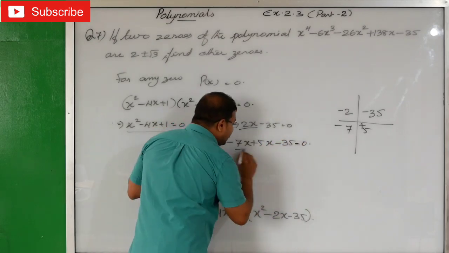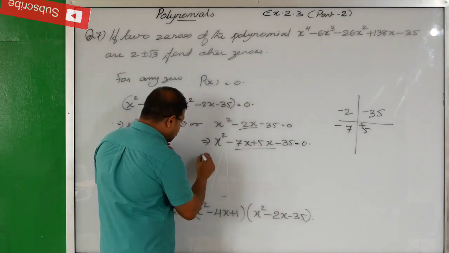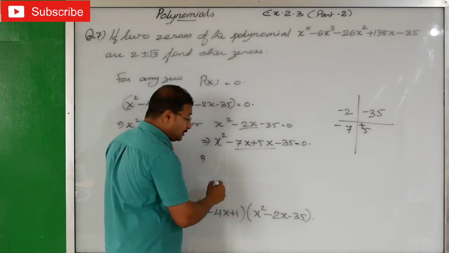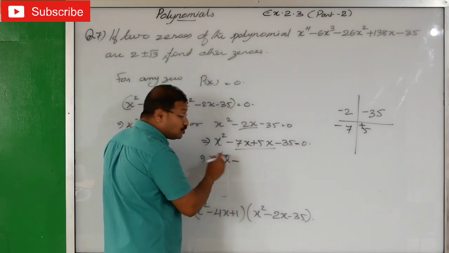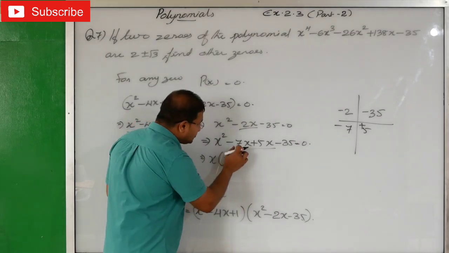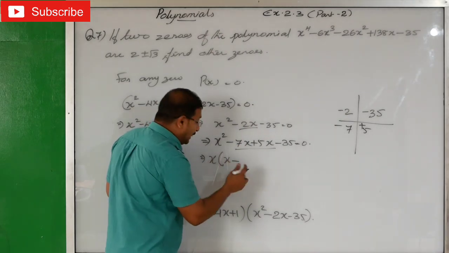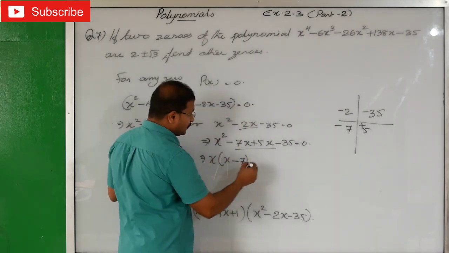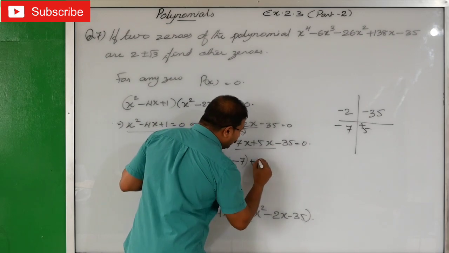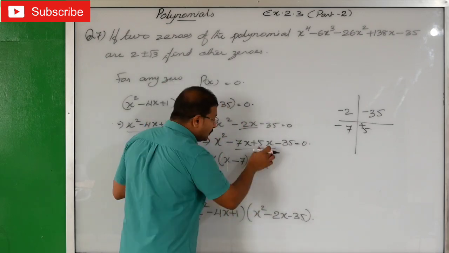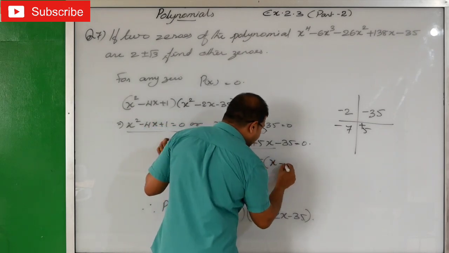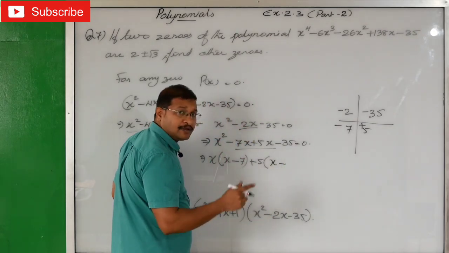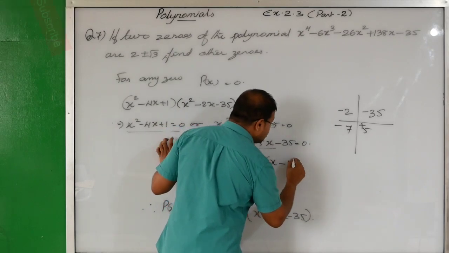See, splitting the middle term we are doing, okay? This implies, from these two, what can you take common? X. X into x minus, x square means 2 times, 1 we took outside, minus 7x we took x outside, the balance is 7. Plus, from these two, 5 we will take outside. From 5x, if I take 5 outside, the balance is x minus 5 into how much will you get? 35. 5 7s are, so 7 will be inside.